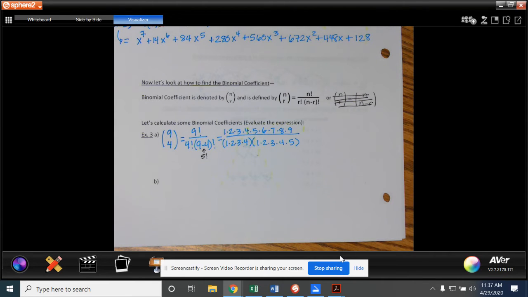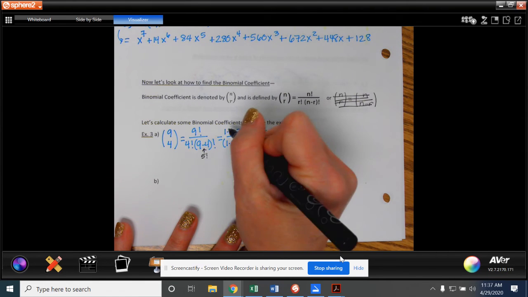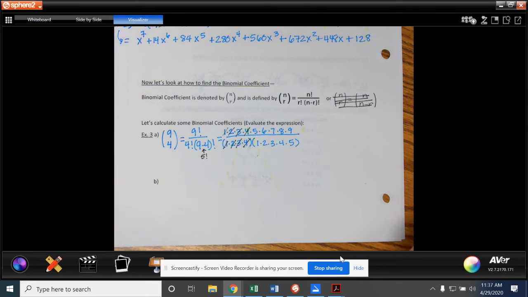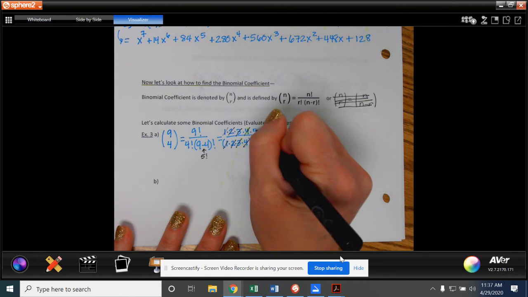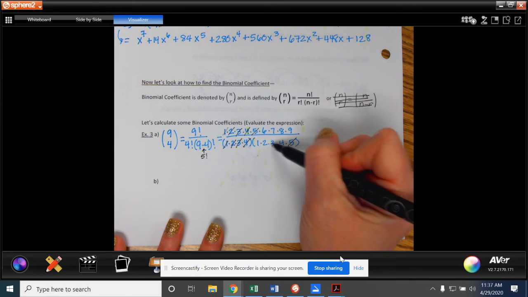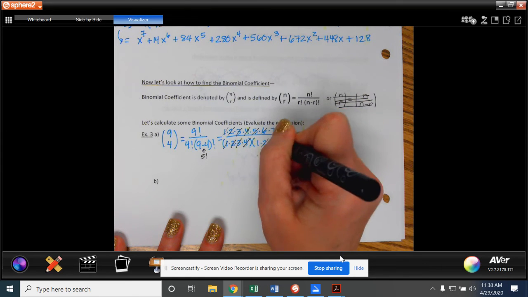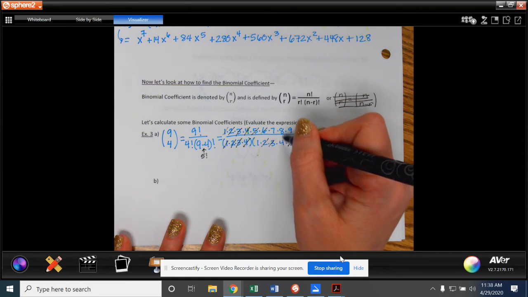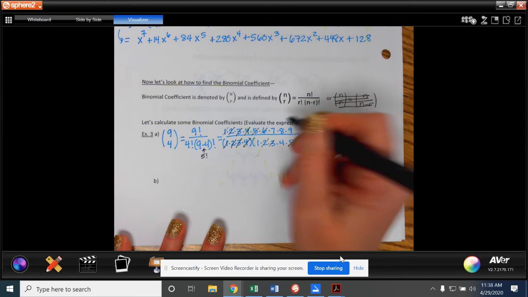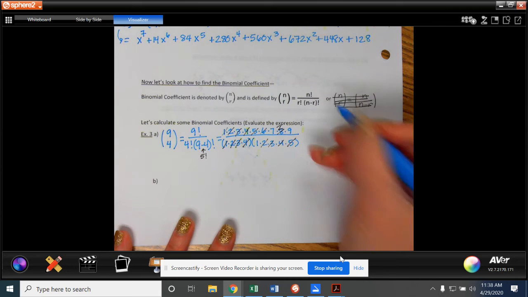And then I can easily go, oh, I can reduce anything divided by itself as 1, because it's all multiplication, so I can reduce before I multiply. I know 5 divided by 5 is good. I know 6 can be divided by 2 times 3, which is 6. And then I also know 8 divided by 4 is 2. Now, you don't have to do it all the way down. It's just an option.